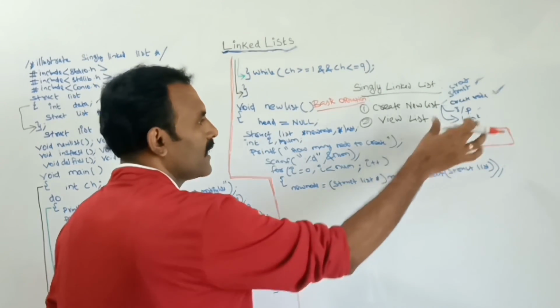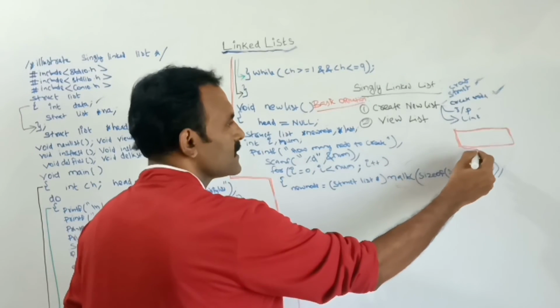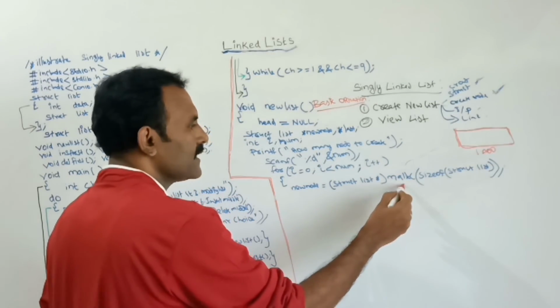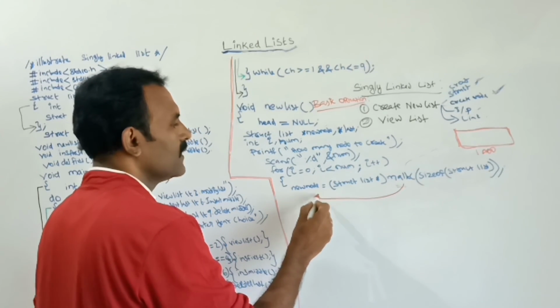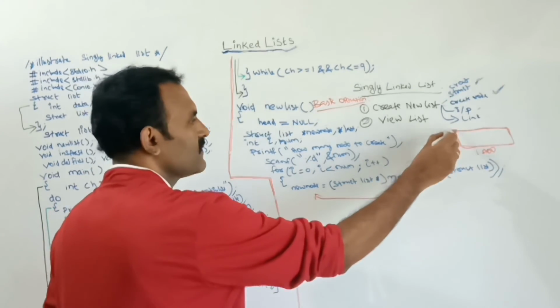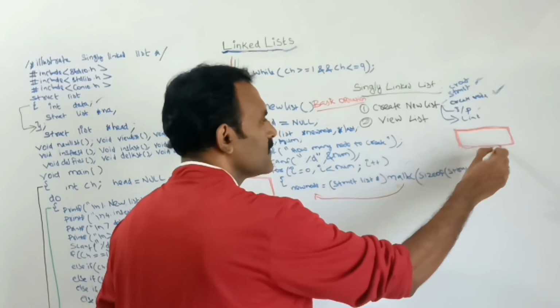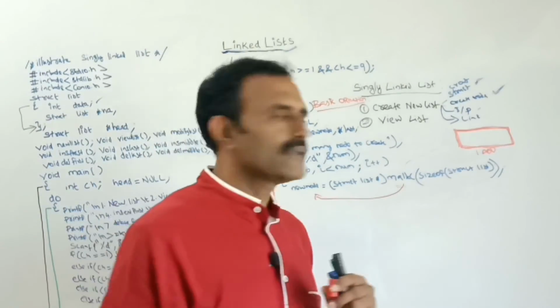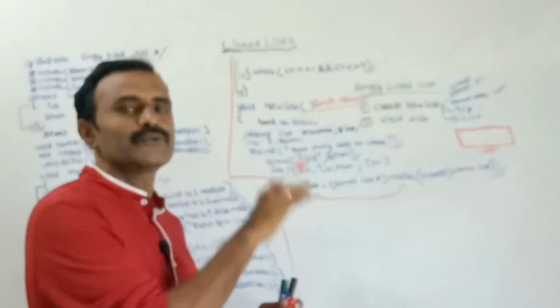This malloc allocated the memory. Suppose let us assume this memory starting address is 1000. Next this malloc will return that address. If the memory was successfully allocated, then it returns the 1000 address. Otherwise, if it is not successfully allocated, then it returns the null value to the node.